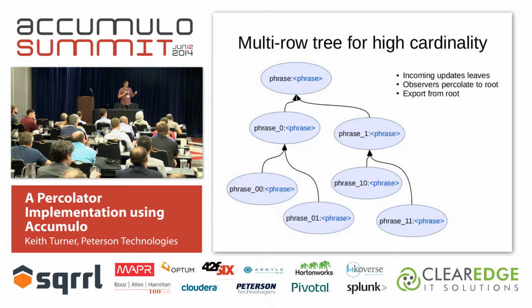And this was something else I was thinking of for handling high cardinality. This might be good for doing the global information, if you wanted to calculate the total number of phrases in the system or something like that. I was thinking of having a tree of transactions where you start off at a really low level with lots of nodes, and then you set things there, and then you have observers that percolate things up the tree, so that the goal here is to avoid contention.